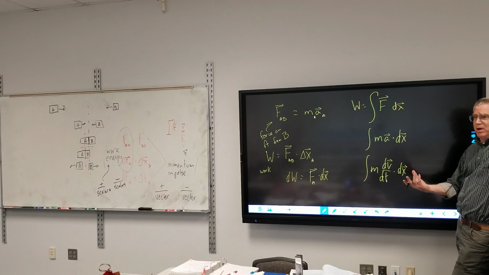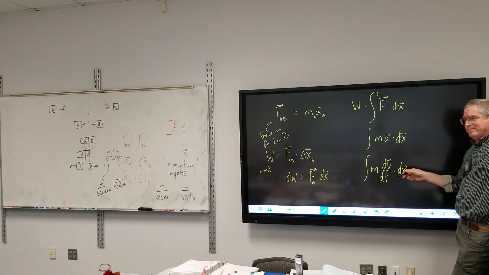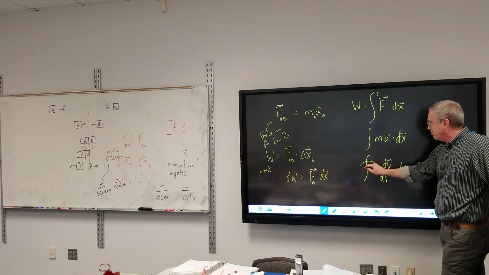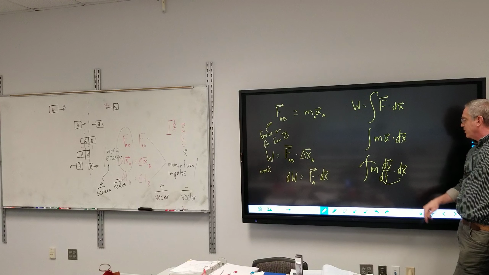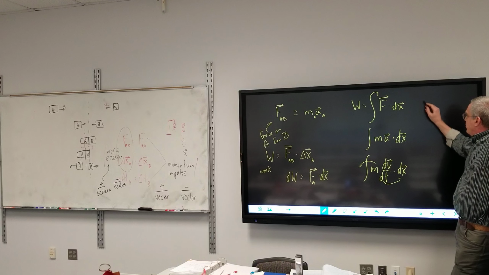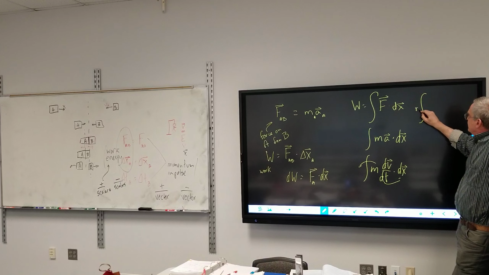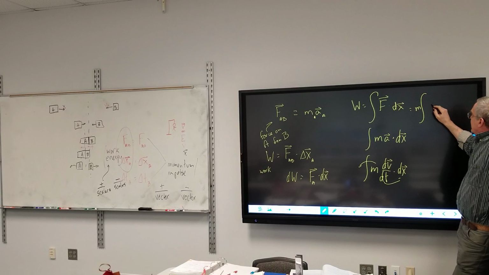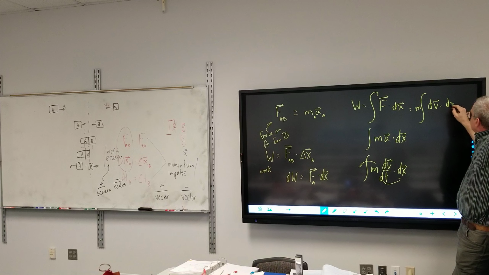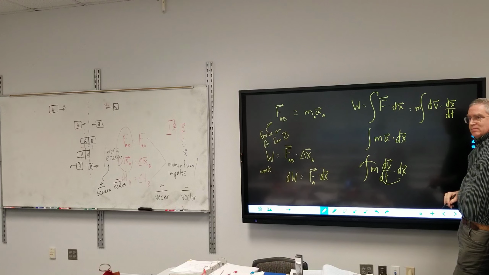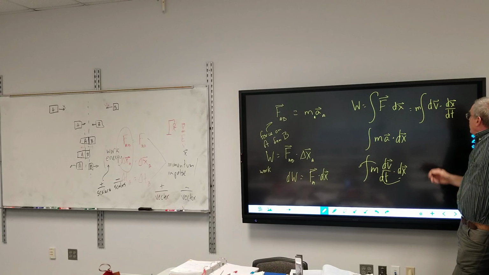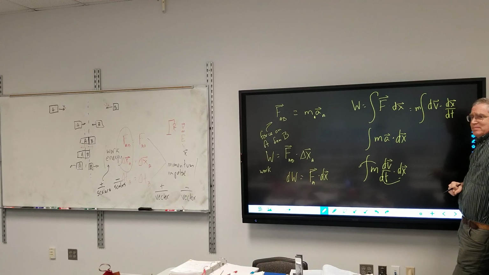It's infinitesimally small, but I can easily move it: masses I can bring out, dt I can bring over. And so what I end up with is the integral of mass times dv dot dx dt. And what is dx dt? Velocity.